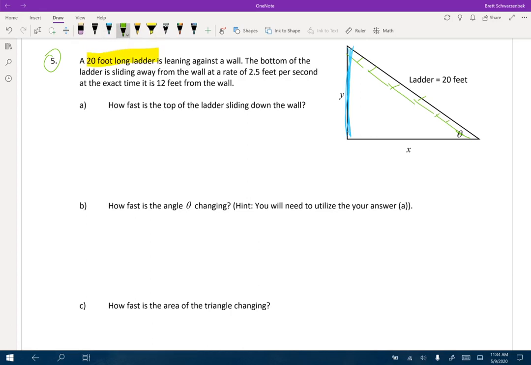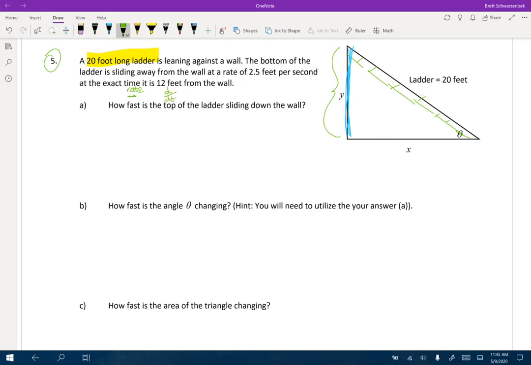It says, how fast is the top of the ladder sliding down the wall? When they say fast, they mean rate. If we're talking about the top of the ladder, that means we're referring to this side. So we should be looking for d what dt.